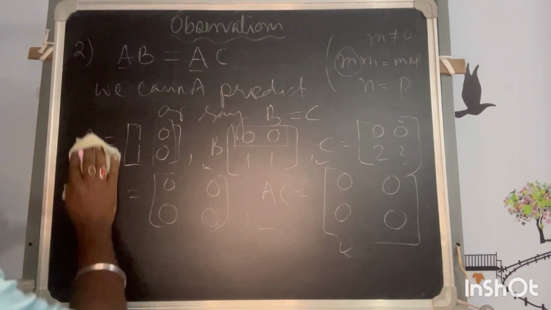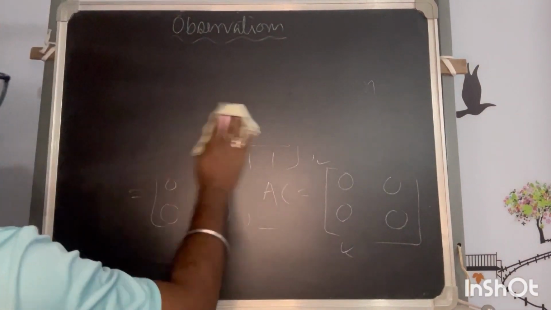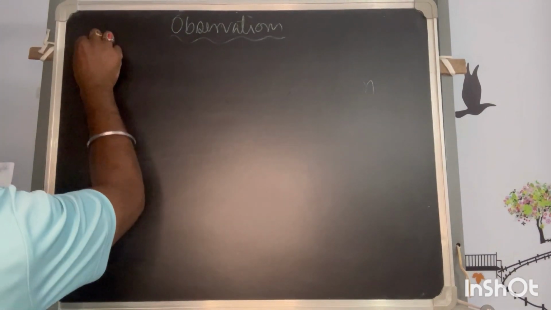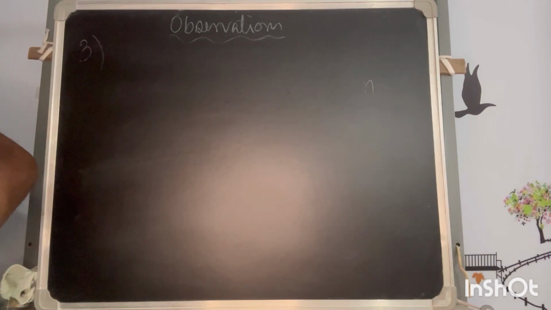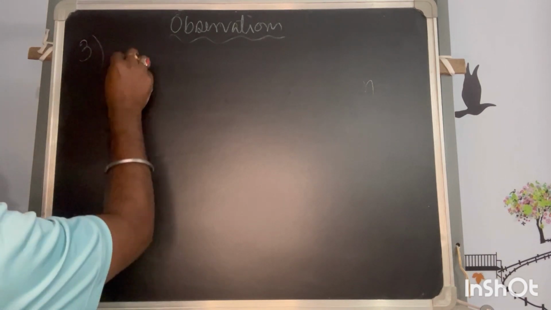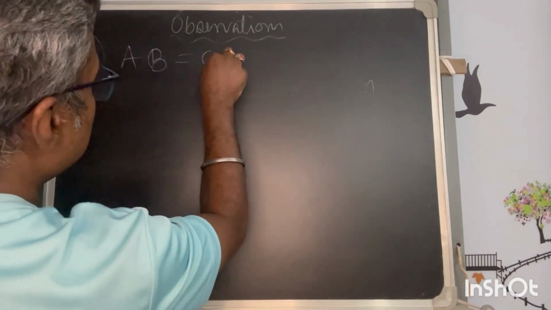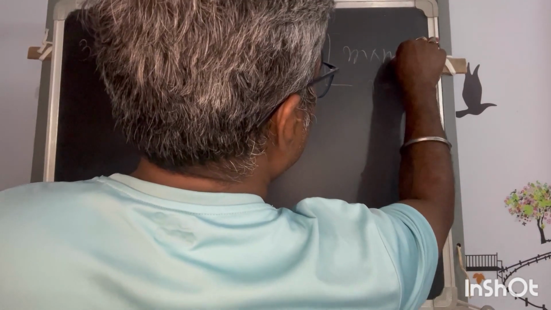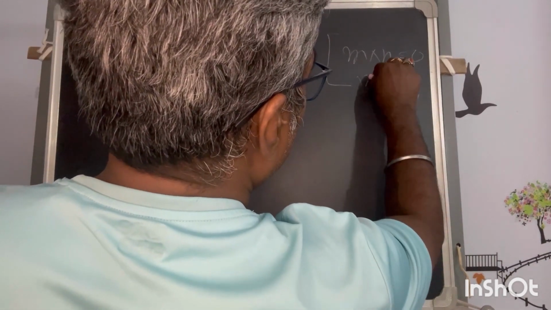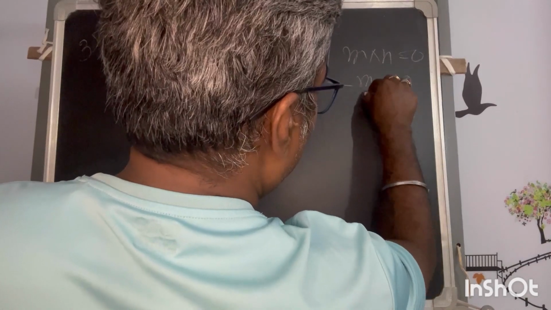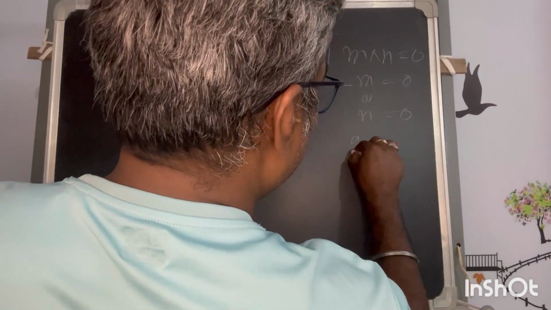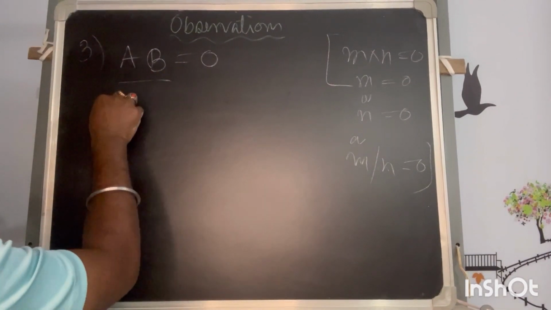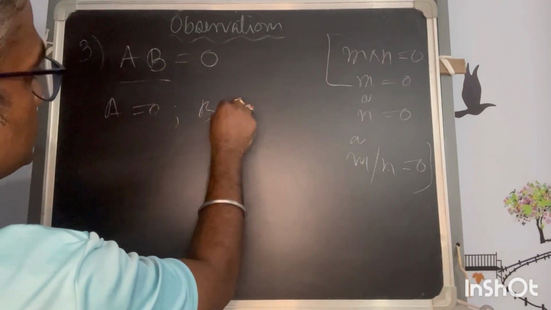The next one is number 3. If AB is 0, as I saw in the earlier case, then in algebra, if m into n is equal to 0, either m is 0, or n is 0, or both m and n are 0. This we can conclude. But here we cannot conclude that A is equal to 0 or B is equal to 0, or either is equal to 0.